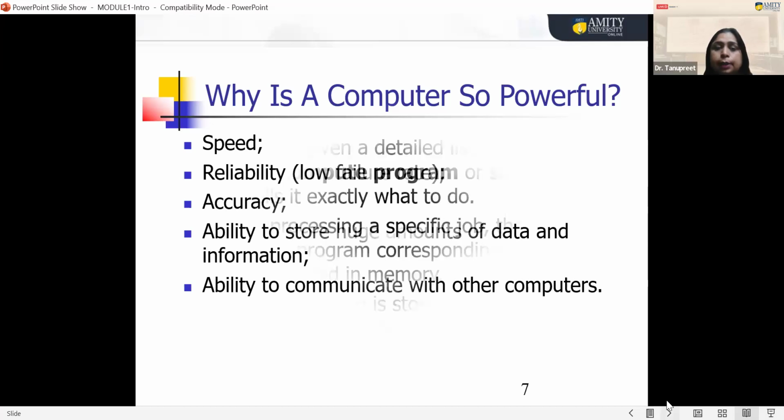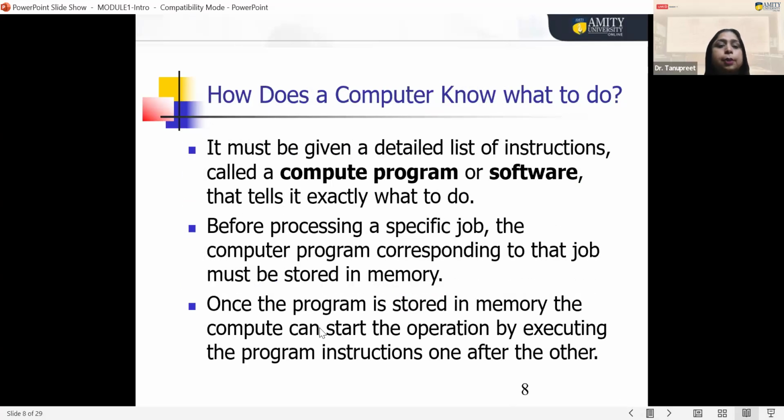Now coming to the next slide. Students, here we have to understand how the computer knows what has to be done. Learners, whatever programming languages there are, for example R, Python, or C, are all high-level programming languages. But your computer only understands machine language, a language which is a formation of ones and zeros.